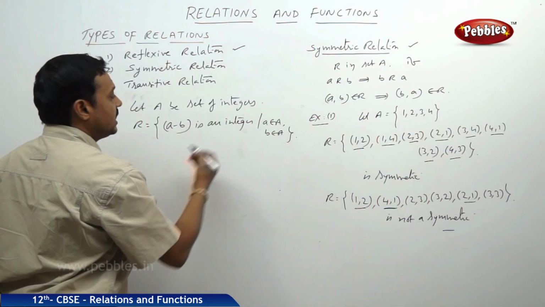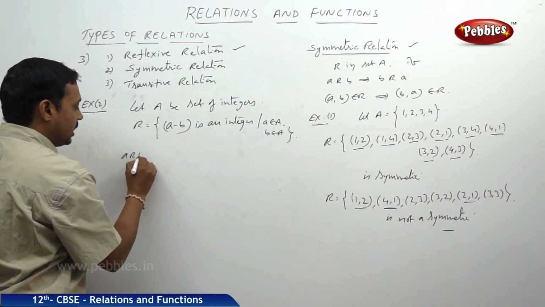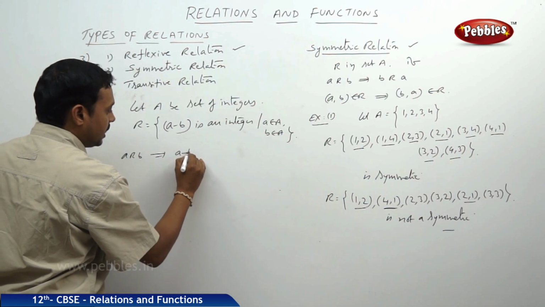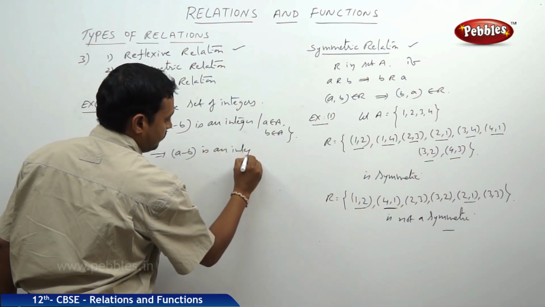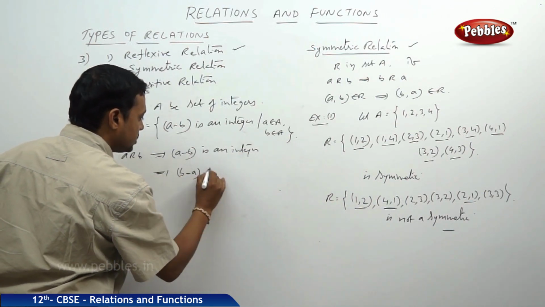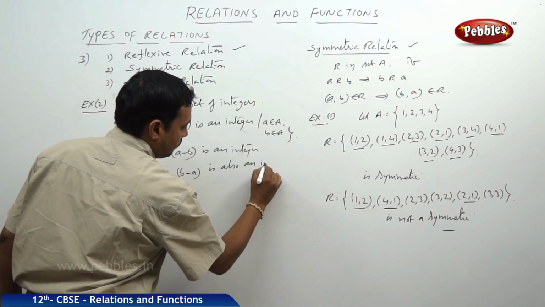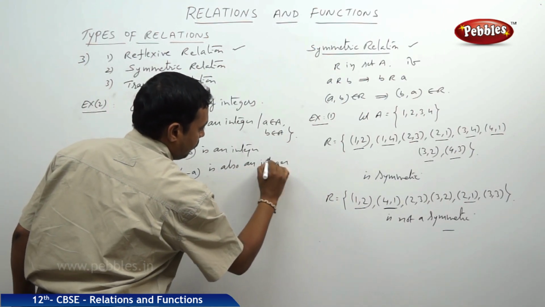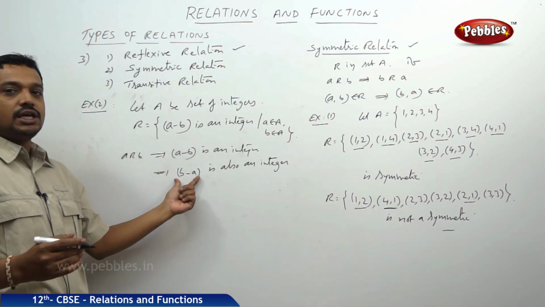A minus B is an integer. A related to B implies A minus B is an integer. That implies B minus A is also an integer. Whenever A minus B is an integer, then B minus A is also an integer.